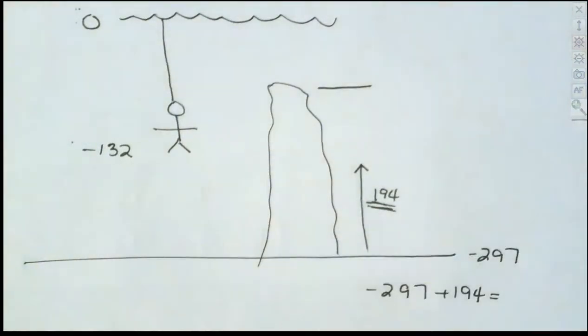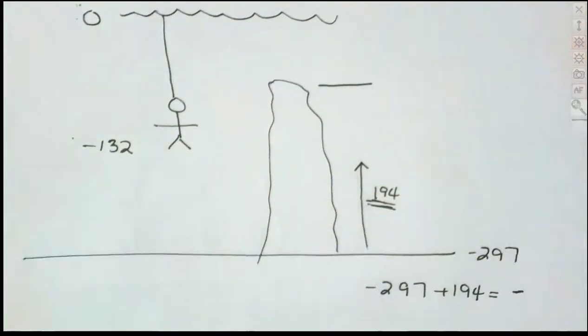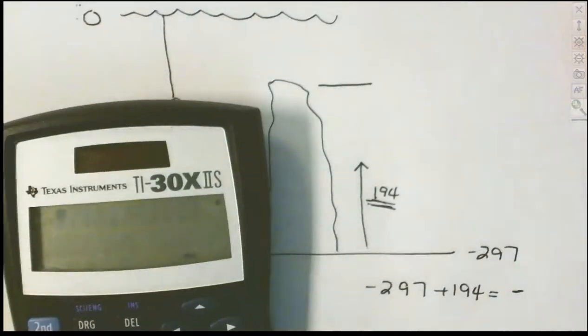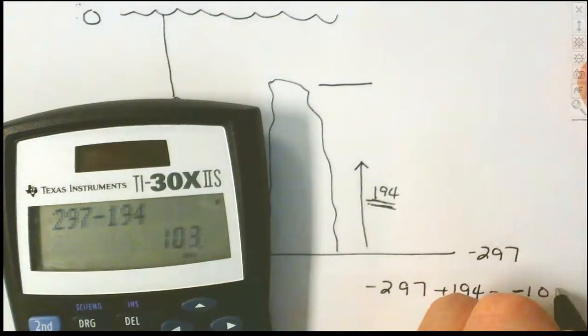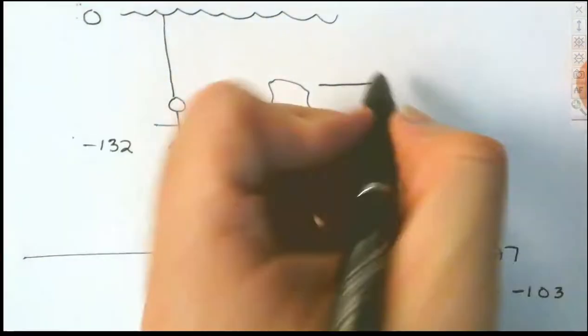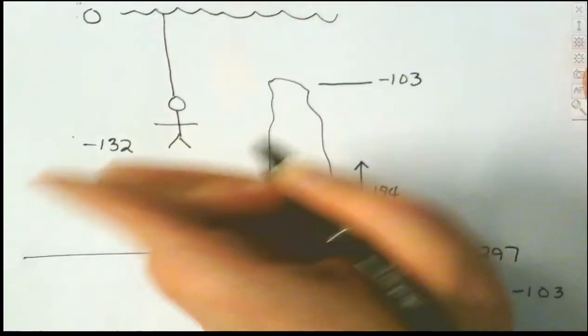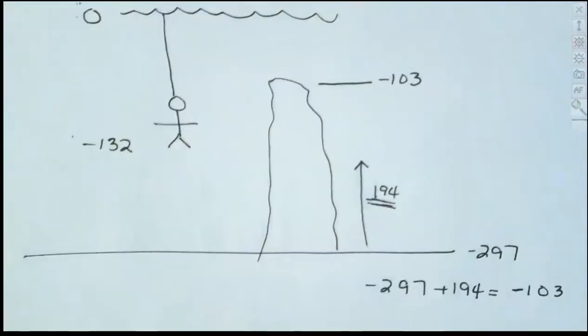We know our answer is going to be negative because minus 297 is the larger number. So we'll subtract these from each other: 297 minus 194 gives me a difference of 103. So that's at 103. Is everyone okay with how I got to this point?